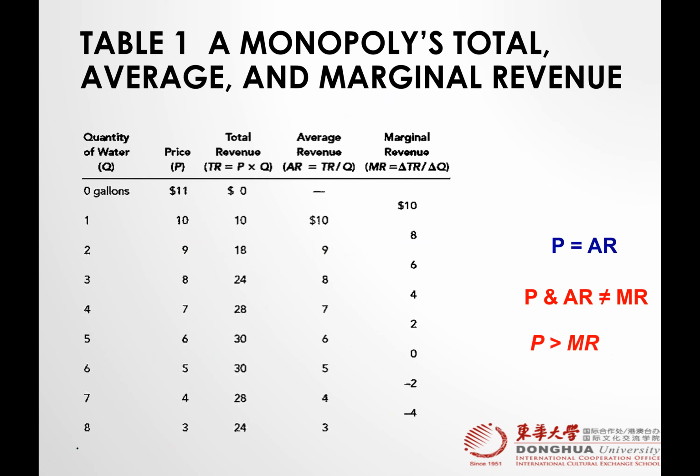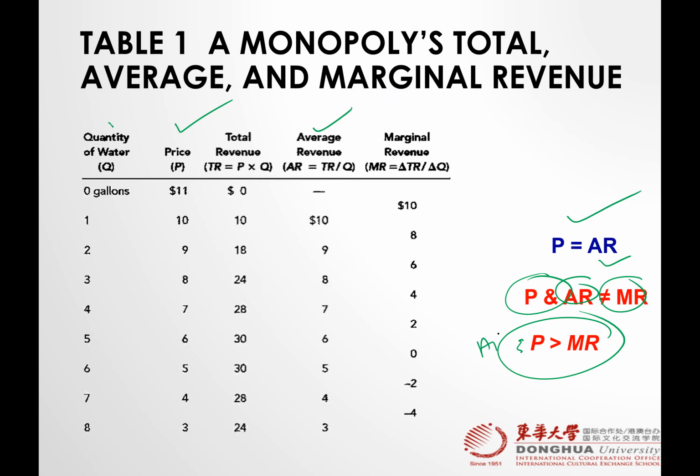Price is equal to AR, we just confirmed that. And price and AR are not equal to MR, we just confirmed, and of course price and AR are both greater than MR.